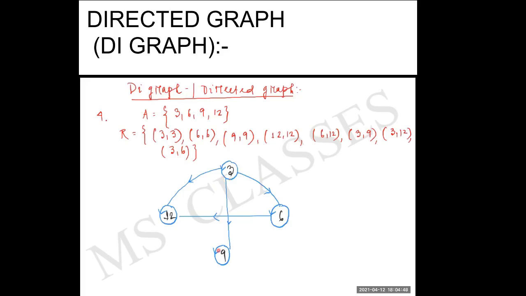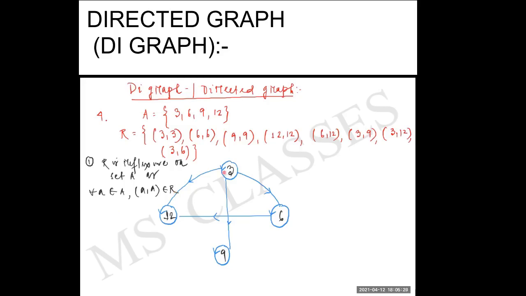How? Very simple. First we conclude for reflexive. R is reflexive on set A, as for all a belonging to A, (a, a) belongs to R. How do I know?